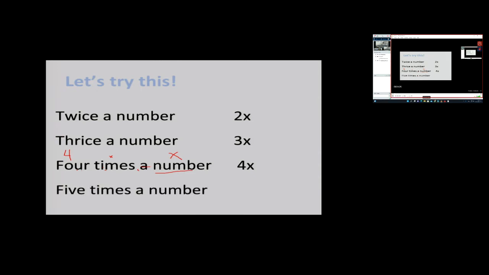And 5 times a number, that is 5x. 6 times a number, 7 times a number. Again, this number can be any variable. If you want letter A, then this will be 5a. So again, the number that we are talking about is just any variable.